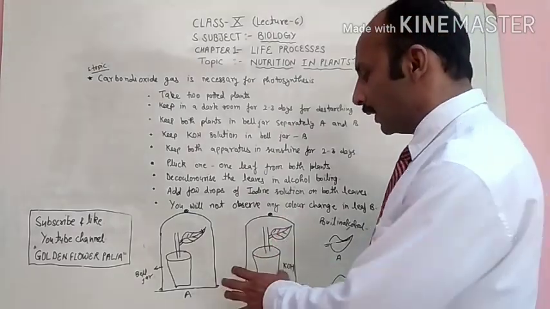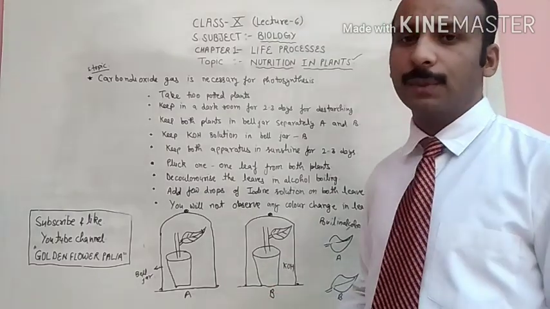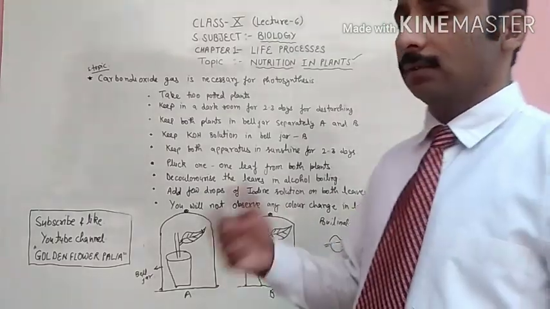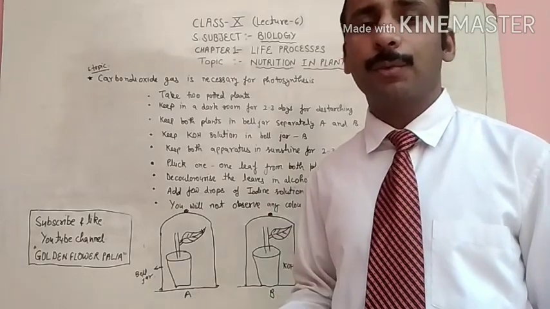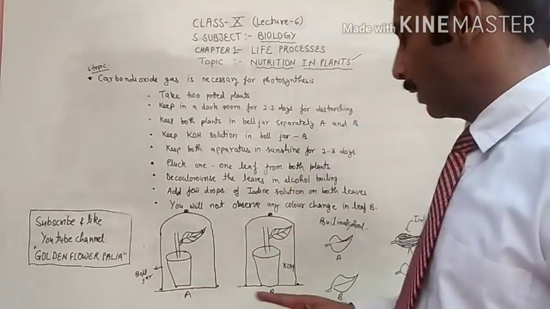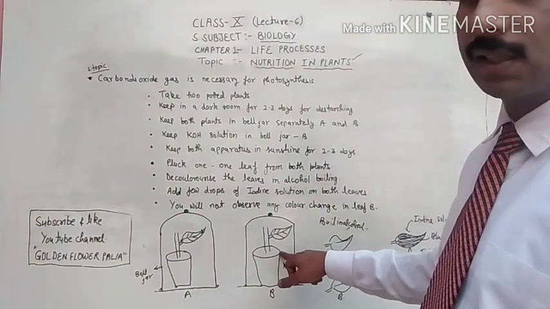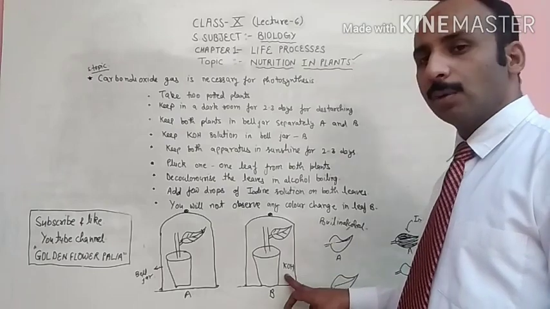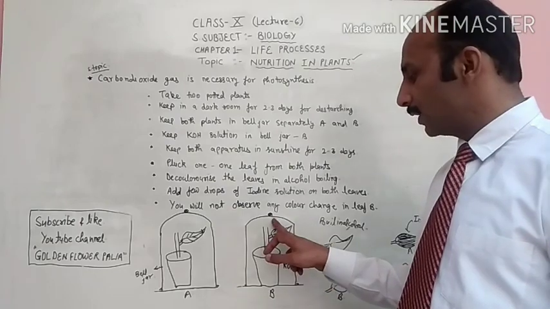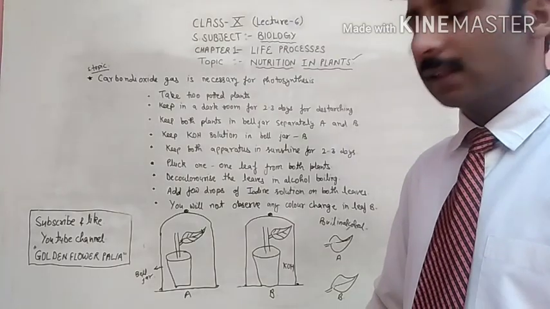This jar is not getting carbon dioxide from outside, but some amount of carbon dioxide the plant releases during the process of respiration. All the carbon dioxide produced in this bell jar is absorbed by the KOH. It means in this bell jar the leaves are not getting carbon dioxide gas.